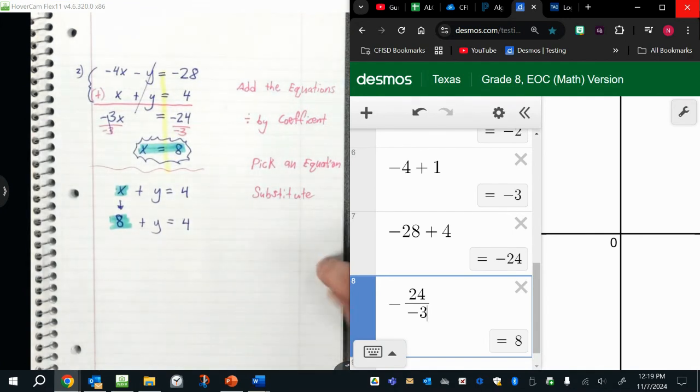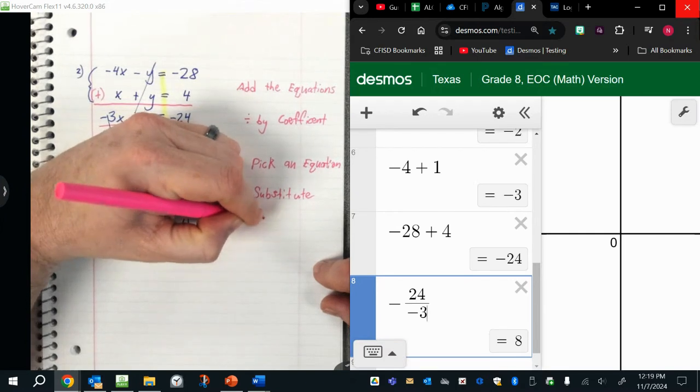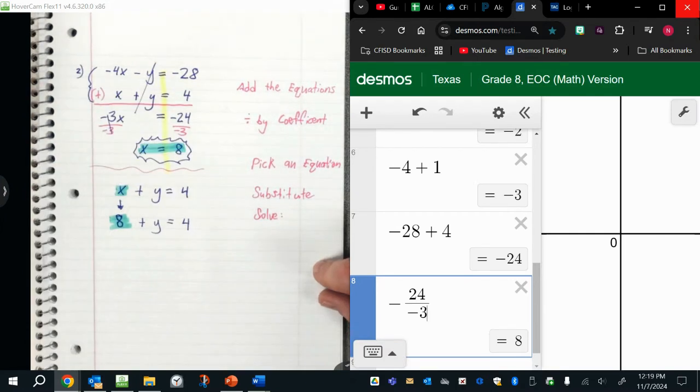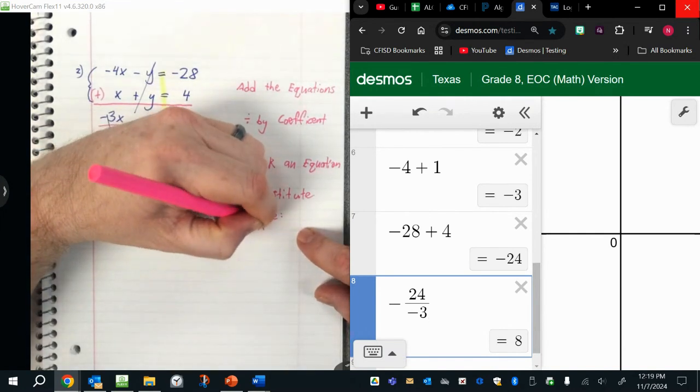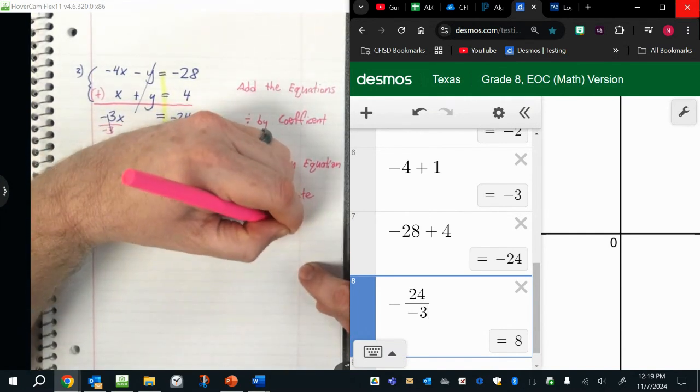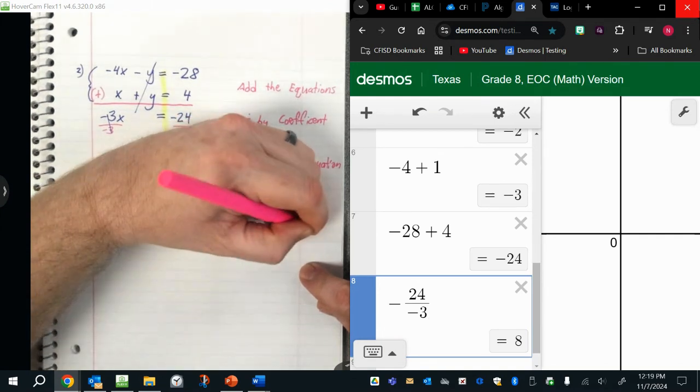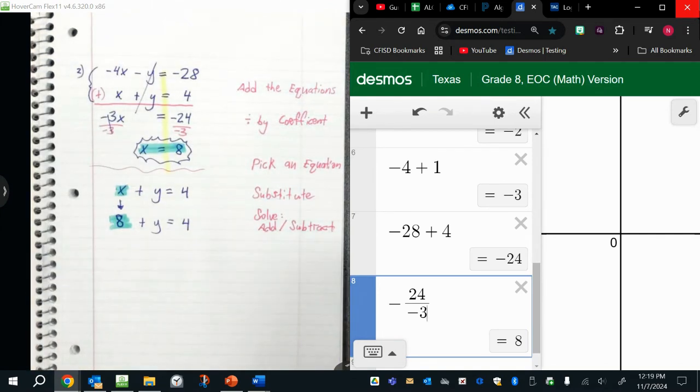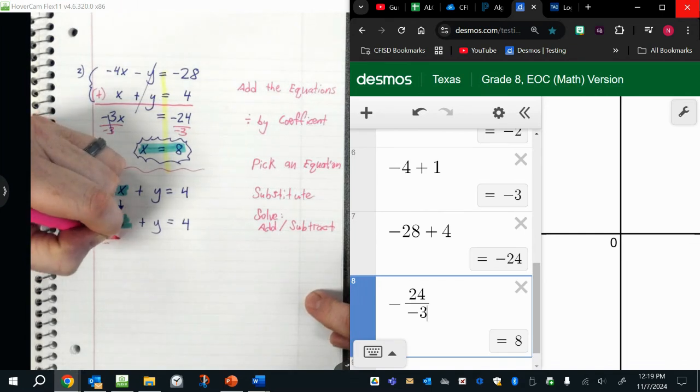All right, so now we're going to solve. We don't need to distribute, so we're going to go to add or subtract. And we're going to subtract our 8.